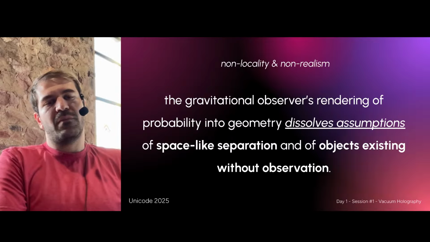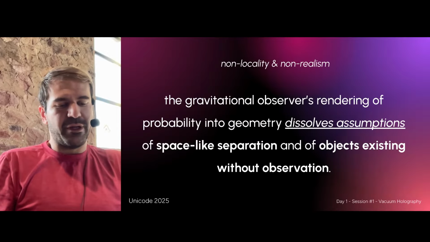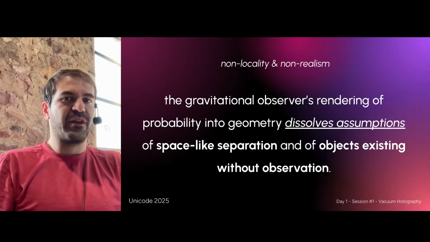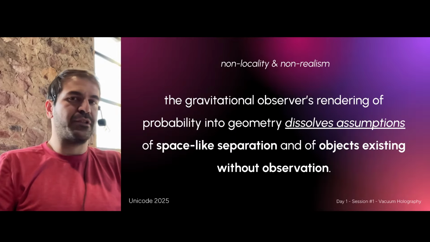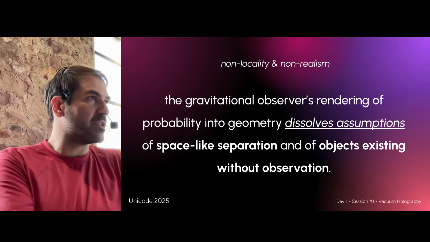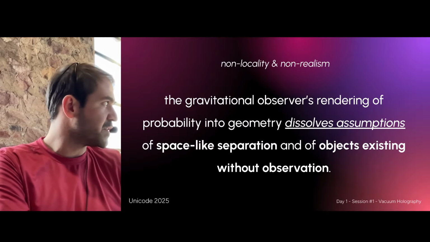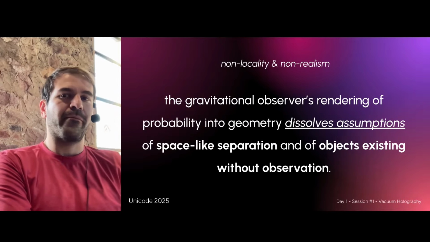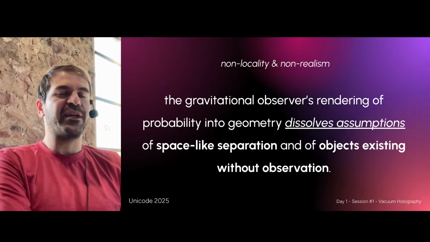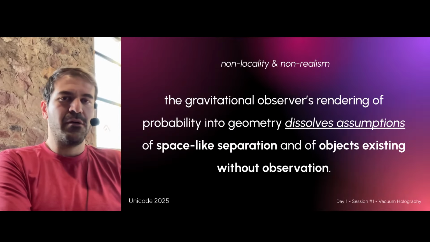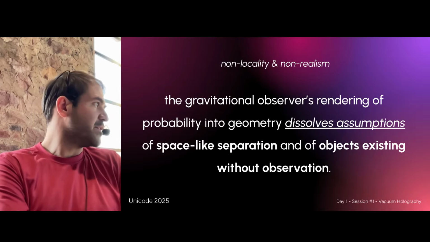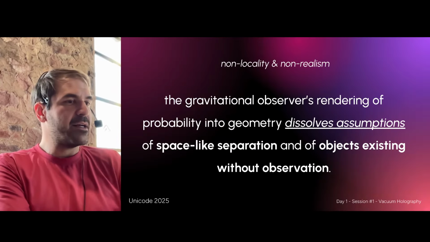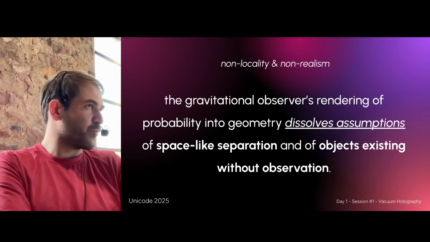So, as I talked about a little bit in the last session, now even the notions of locality and realism are being proposed as problems. Locality is the notion that space-like separation is real.